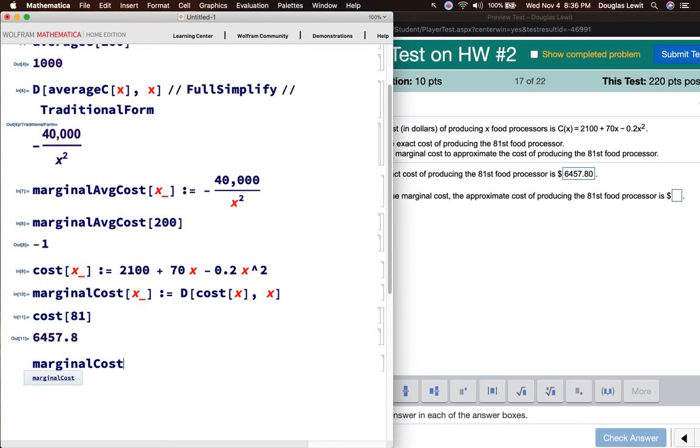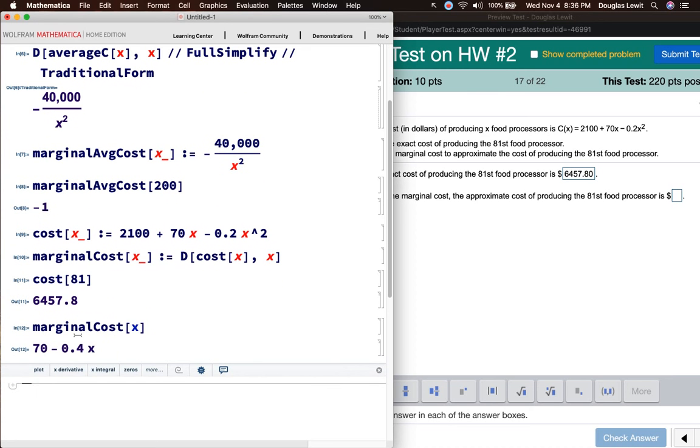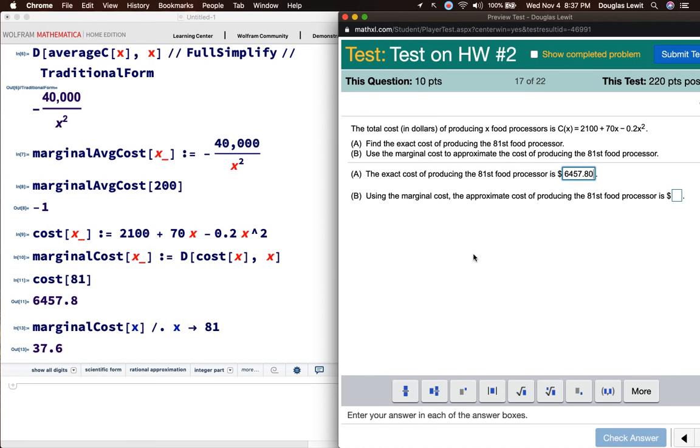Marginal cost of X. Okay, so the answer here, if X is equal to 81, I'm getting $37.60. I don't think that's the answer that they're looking for.